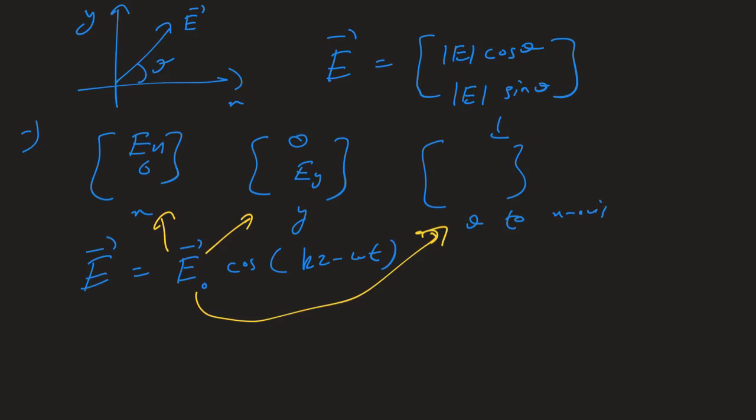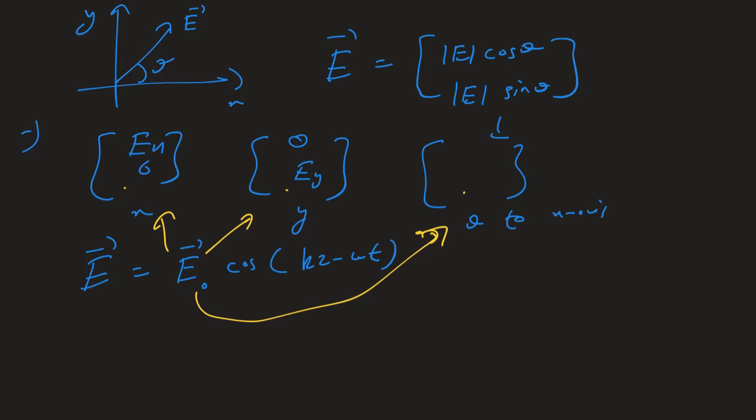If you have light polarized along y, you'll just get a j hat because of this. If you have it along x, you get an i hat, and if it's at some other angle, you get this. So I hope it's clear what we're talking about.